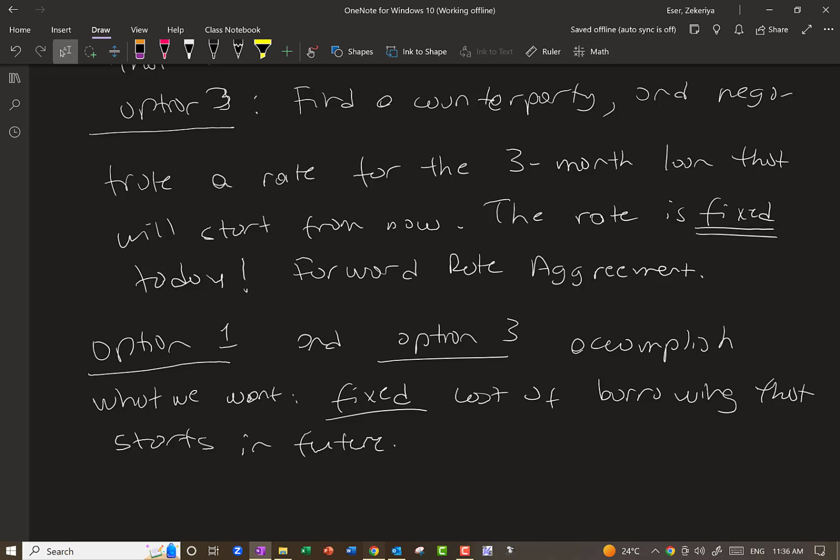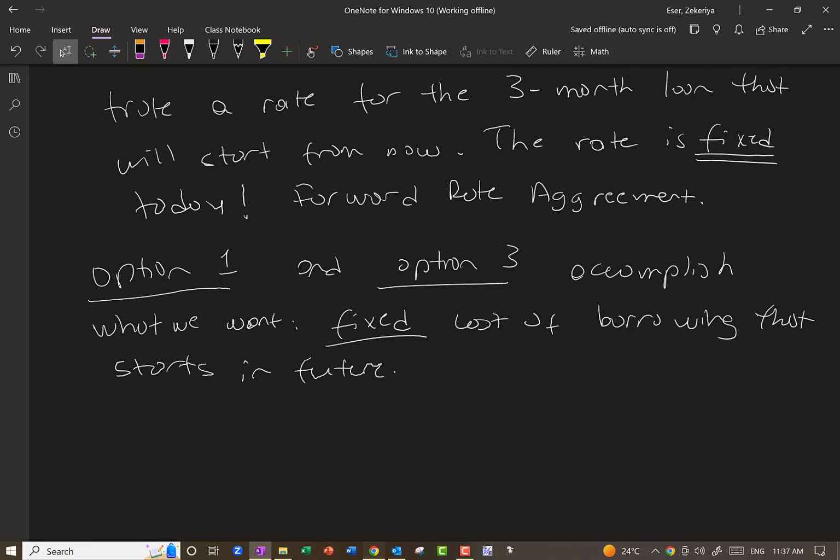So let's do an example. Let's find out what the 3-month, let's use the Bloomberg one. Short-term bank yield is 5.55.